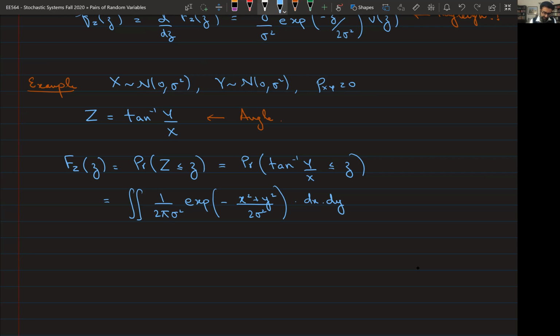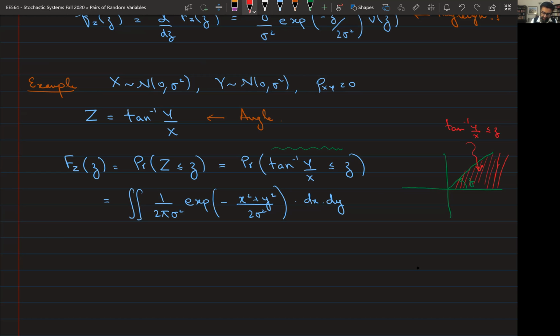So basically, this is the region that you're trying to integrate over, right? If this is the x and y plane, and this angle is z, so the integration is actually here. This is what you're integrating over, right? Because in all of the points that reside on this region, I know that tan inverse y by x is less than or equal to z.